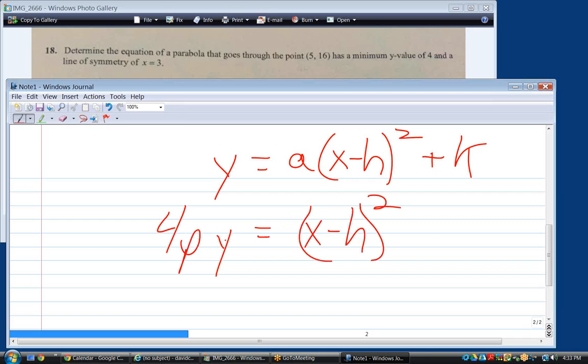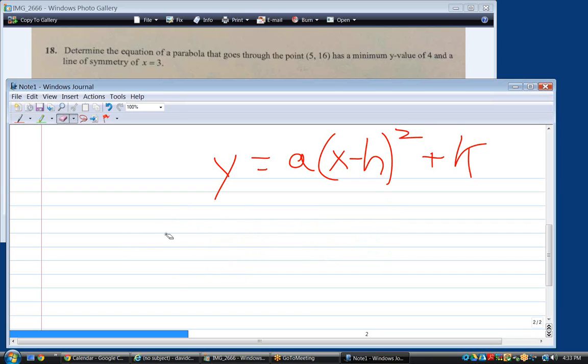It's the top one. So the top one means you have to be able to figure out what the focus is in terms of A. What's the formula that relates A and the focus? 1 over 4c.